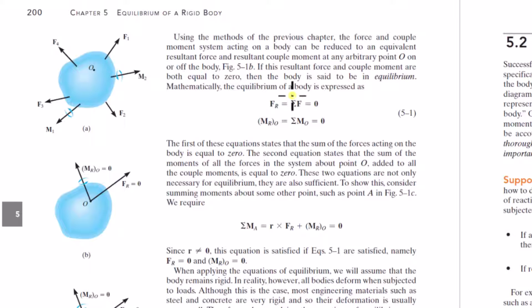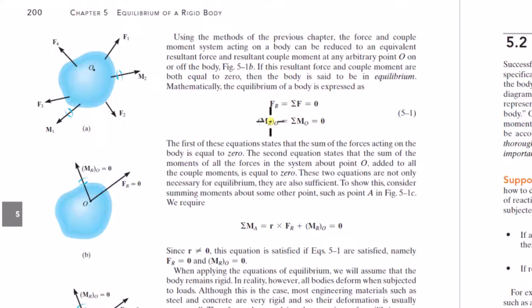Mathematically, the equilibrium of a body is expressed as the resultant force is equal to 0. And how do you calculate that resultant force? You just do a vector sum on all the forces, right? That's what we learned. And how do you calculate that resultant couple moment? You sum the moments about that point. You sum moments about the point, and then the resultant moment you get is a couple moment.